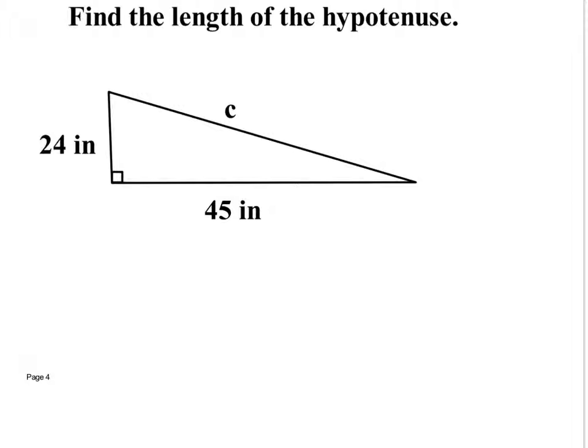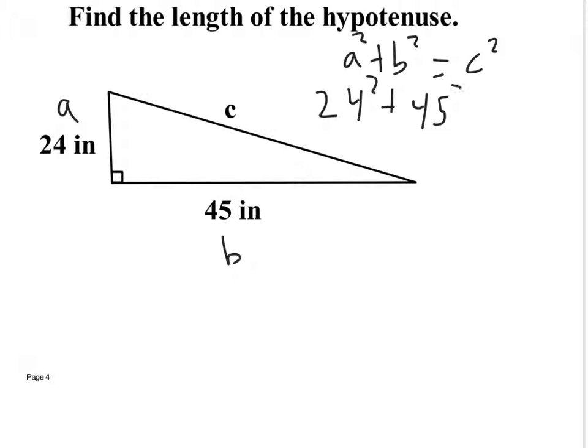Draw this triangle. So, find the hypotenuse. I'm just going to call 24 A and 45 B. It doesn't matter on those two because they're legs, and legs are the exact same thing. So I know that A squared plus B squared equals C squared. So fill it in. 24 is A. 45 is B. And C we don't know.